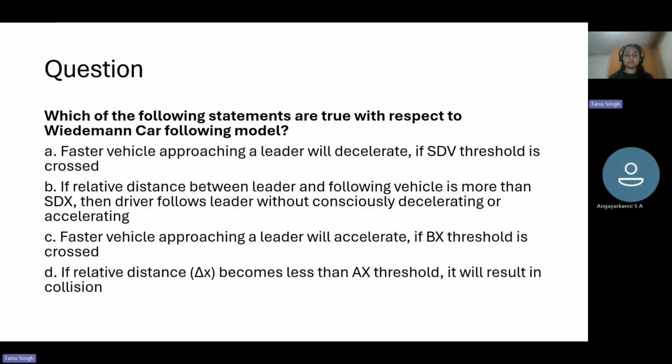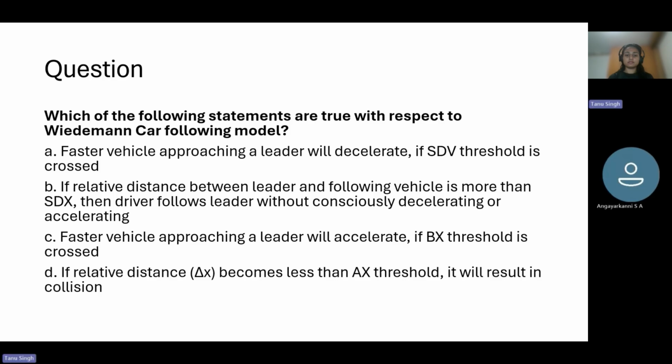So the next question is, which of the following statements are true with respect to the Wiedemann car following model? First, a faster vehicle approaching a leader will de-accelerate if the SDV threshold is crossed. If the relative distance between leader and following vehicle is more than SDX, then the driver follows the leader without consciously de-accelerating or accelerating.